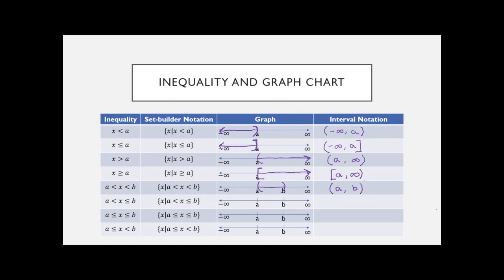The one underneath it, the only difference is that between A and B, A is still a parenthesis because it's still less than, but we have less than or equal to at B, which turns into a bracket. So your interval notation looks nearly identical, but there's a bracket at B now.